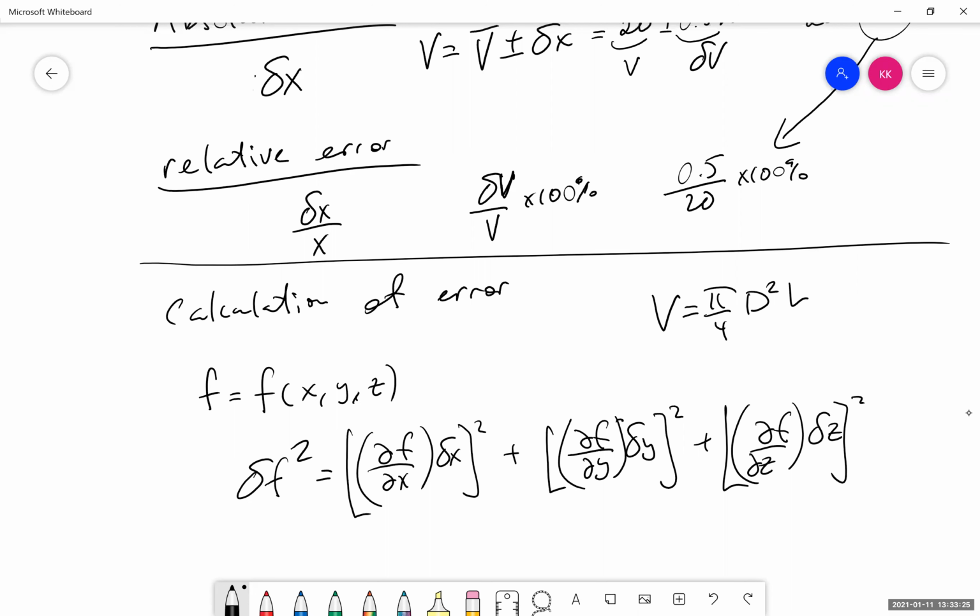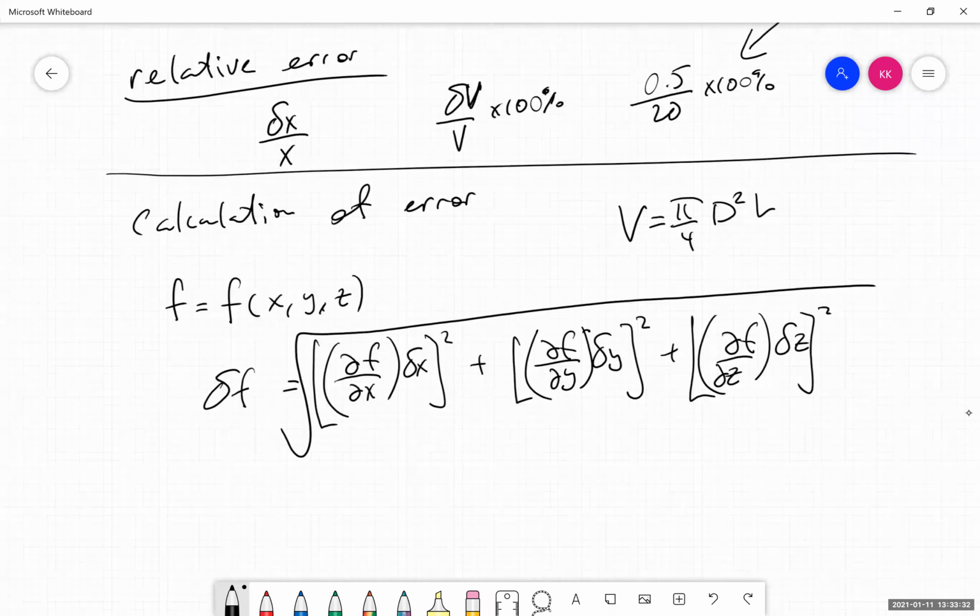Then one thing we do here is take the square root of both sides, and you get basically that equation over there. This equation, again, is in the handout.